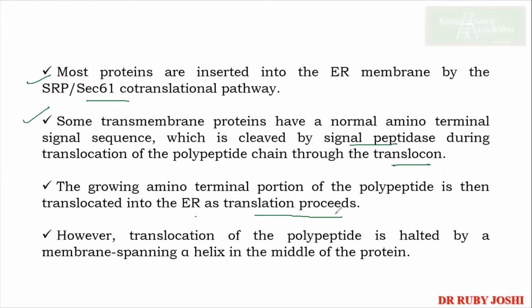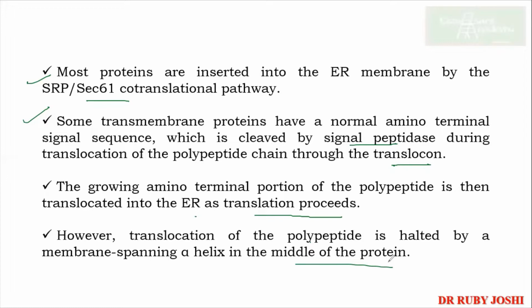Now, translocation of the polypeptide is halted by a membrane spanning alpha helix in the middle of the protein. Suppose the translocon understands that the polypeptide chain being synthesized has a continuous hydrophobic amino acid stretch of around 25 to 30 amino acids. So what will happen? The polypeptide chain will not go inside the ER lumen.